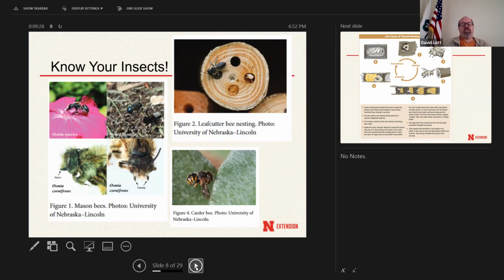The next one is the upper right, which is our leaf cutter bee. We talked about the leaf cutters, how they make those almost perfect circles in the leaves of our roses especially. They are out feeding. They're out gathering nutrients, but they're also cutting that plant material.